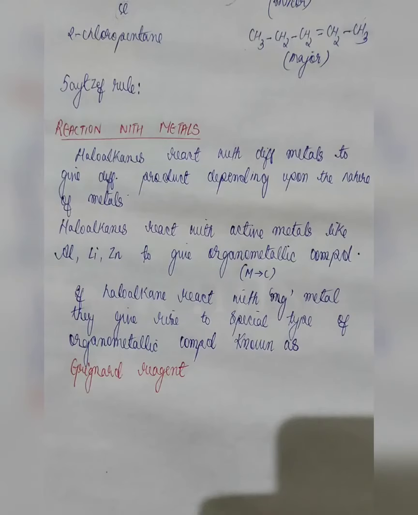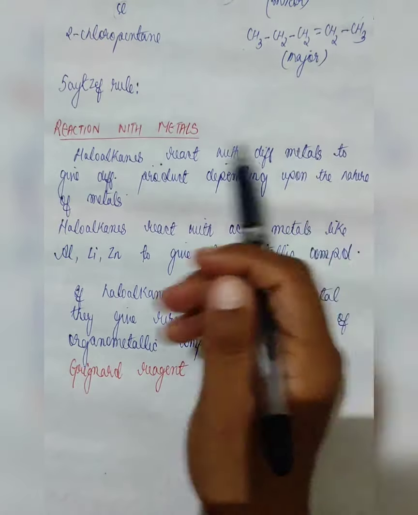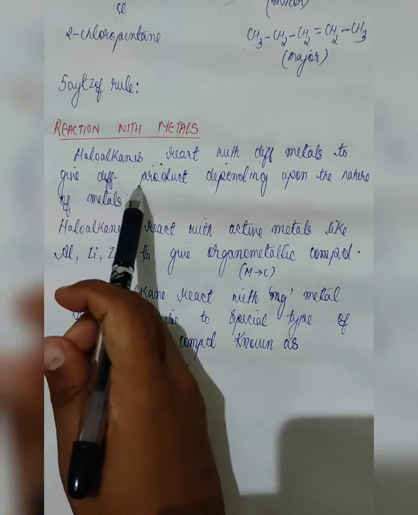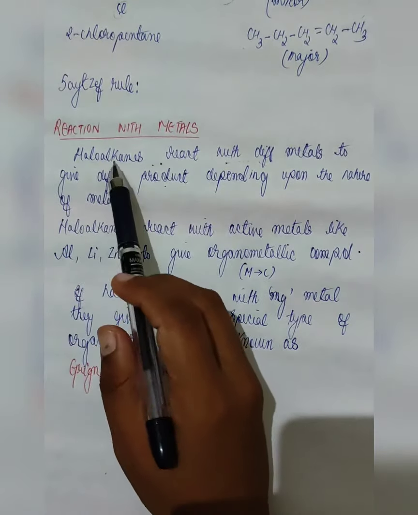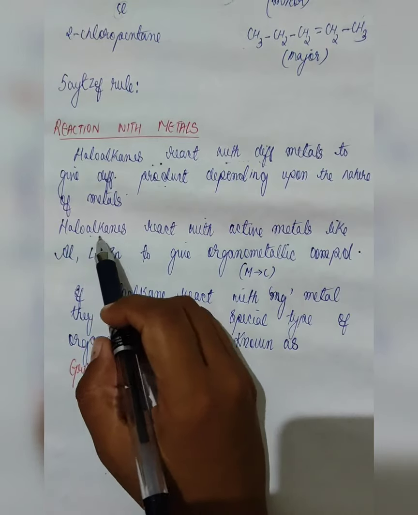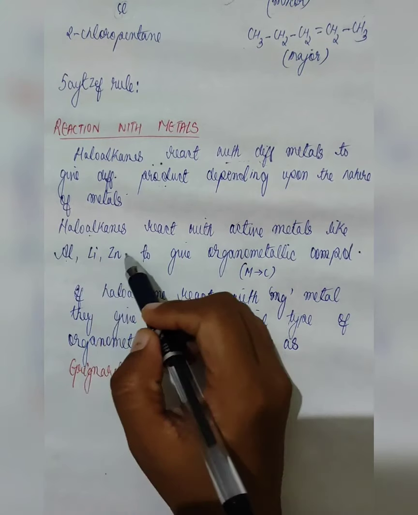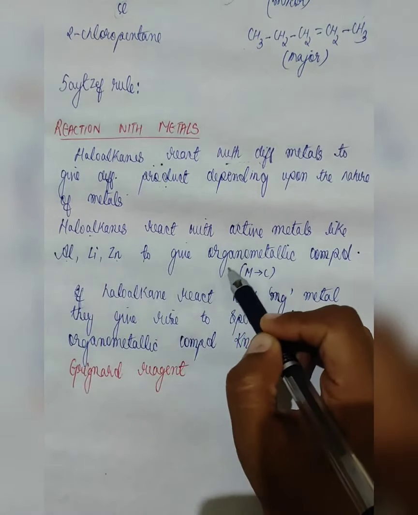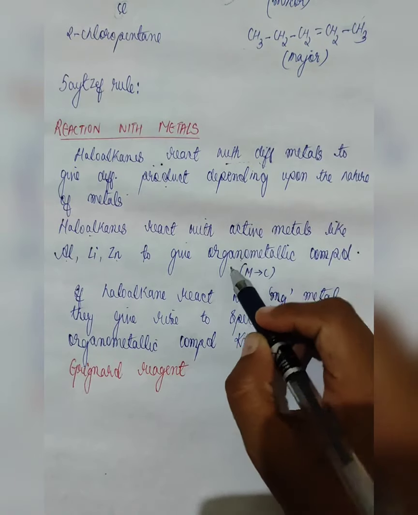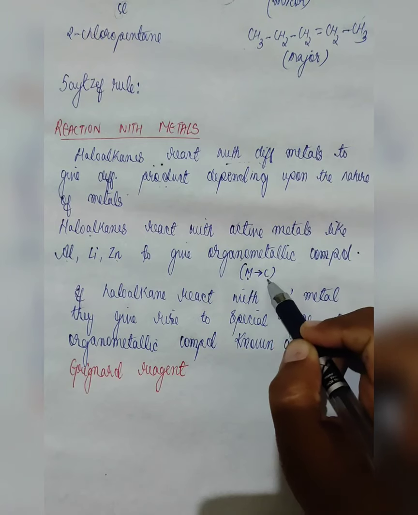Now let us see how haloalkane reacts with metal. Haloalkane mostly reacts with different types of metals and gives different products, which depend upon the nature of the metal with which it is reacting. Now if haloalkane reacts with active metals like aluminium, lithium, zinc, it gives rise to organometallic compounds. Organometallic compounds are those in which the metal is directly linked to the carbon atom.